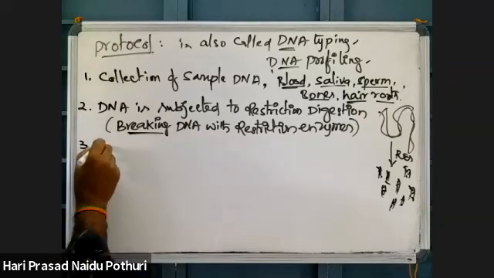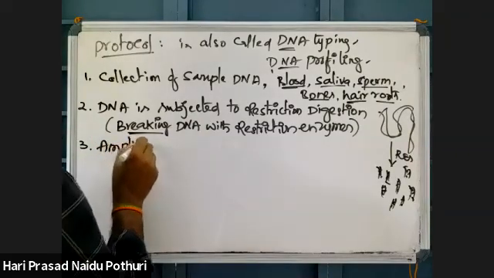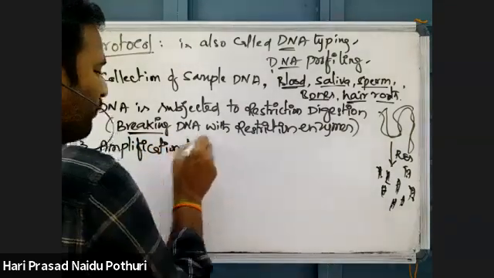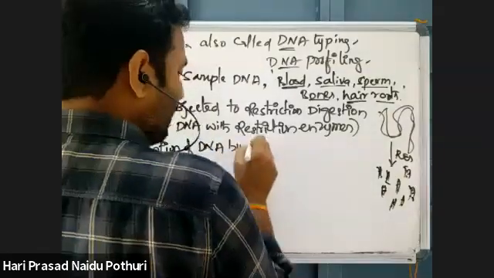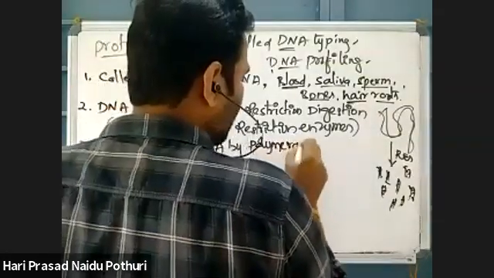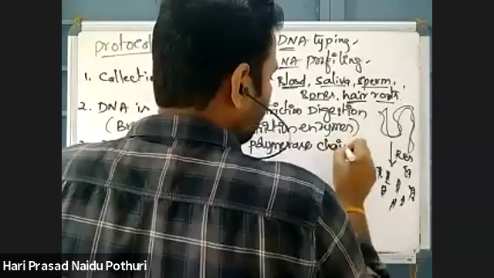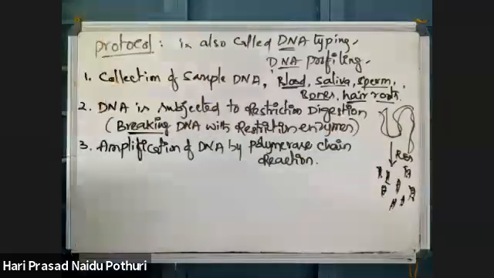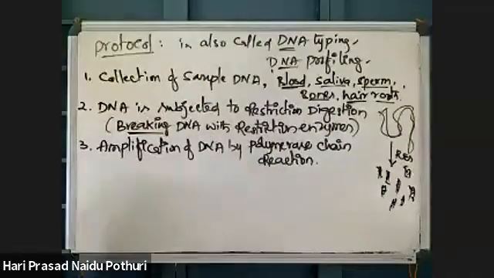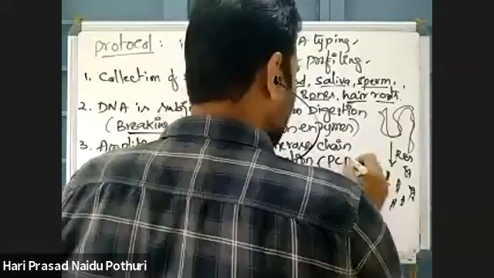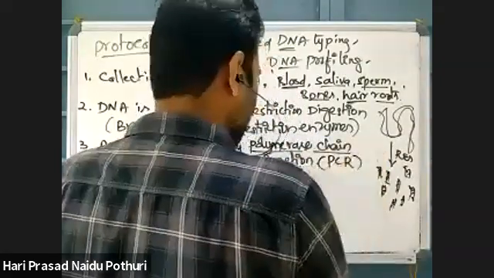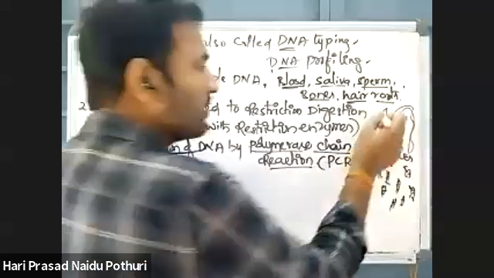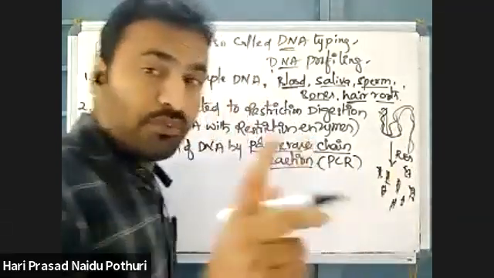And then amplification of DNA by a method called PCR, which we call polymerase chain reaction. PCR is a step used to multiply the number of DNA copies. Suppose a single DNA is there, suppose from a crime scene.